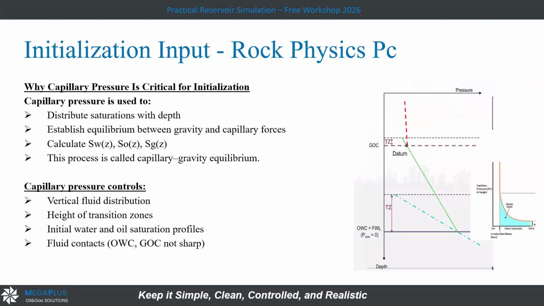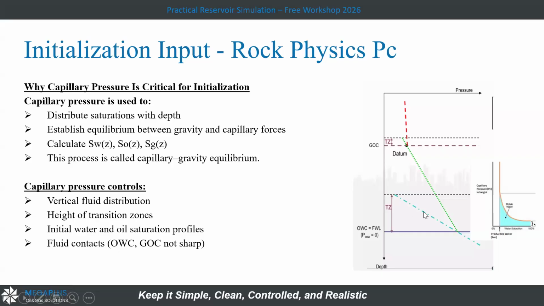So as an example, say this is the free water level and the capillary pressure goes from 0 to 40 psi or something. At each difference from the free water level, for example 10 psi, 20 psi, 40 psi, in the dynamic model it will insert the water saturation from the curve that I inserted.